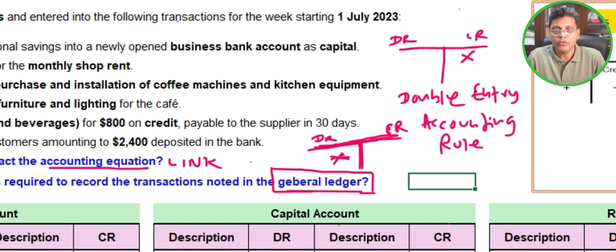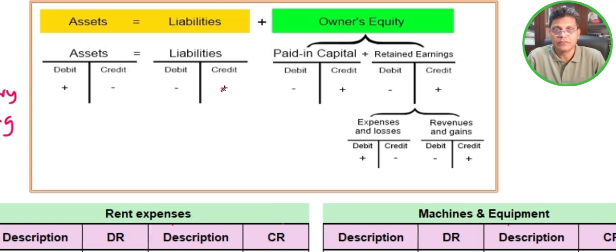Now just to refresh your memory with regard to these double entry accounting principles, I have given this table. The basic accounting equation is assets equals liability plus owner's equity. When you take assets, there are different types, like current assets and non-current assets. Current assets include inventories, debtors, cash balances and the bank balance.